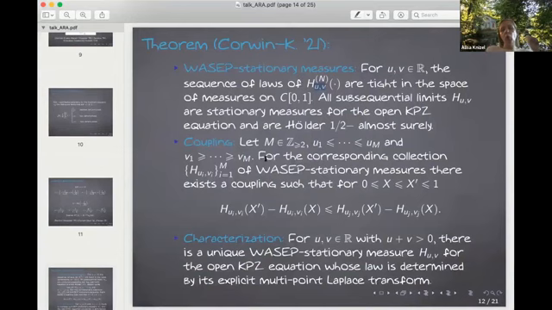We call these limits the WASEP stationary measures, the stationary measures of the open KPZ equation which come from this connection to the open ASEP. The other property that we show is the coupling. This is a very important technical property, which tells about the ordering.